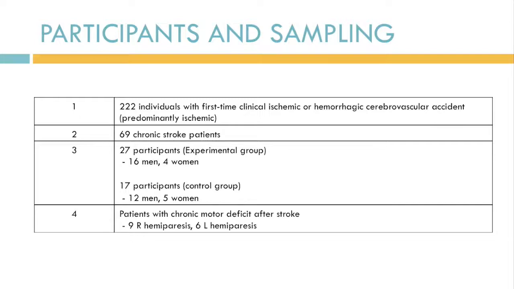The third study was composed of 27 participants in the experimental group, 16 of which were men and 4 women. 17 participants were found in the control group, 12 of which were men and 5 women. The fourth study was composed of patients with chronic motor deficit after stroke, 9 of which had right hemiparesis and 6 had left hemiparesis.